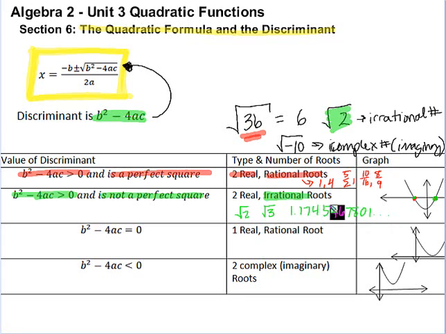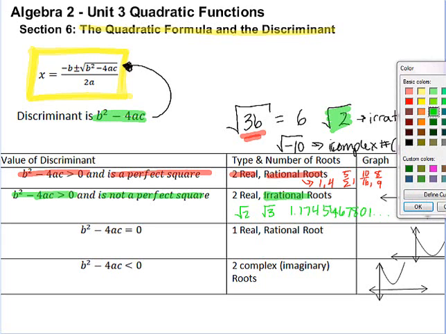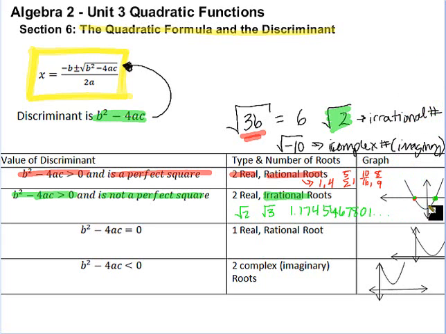Okay. Then we could also have our b squared minus 4ac equal 0. Well, if that equals 0, that means that we have negative b plus or minus the square root of 0 over 2a. The square root of 0 is just 0, so we can't add and subtract 0 to get two answers.